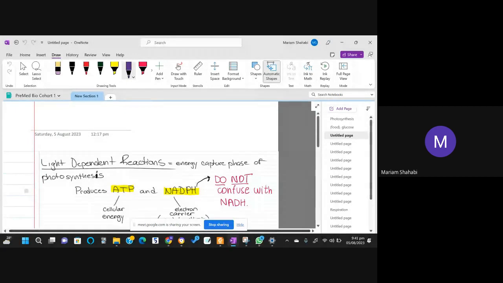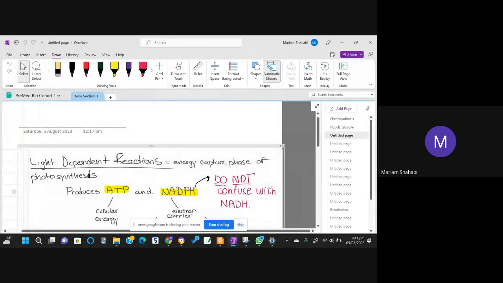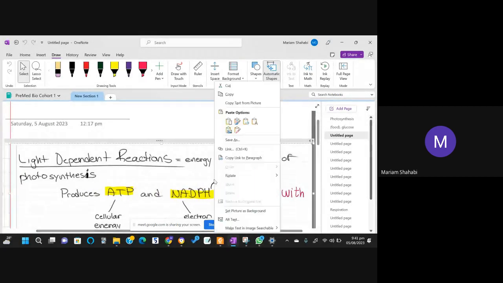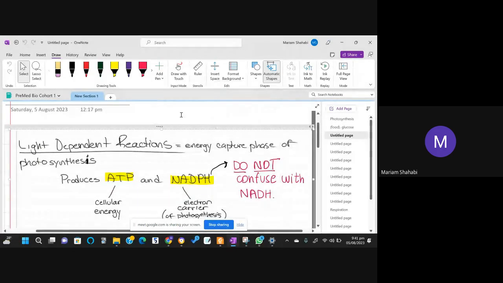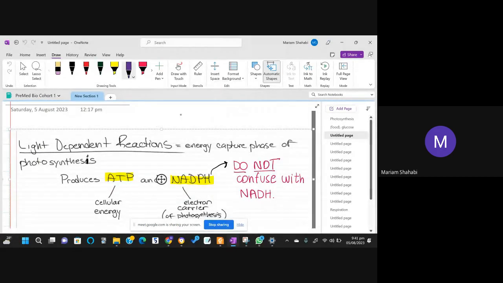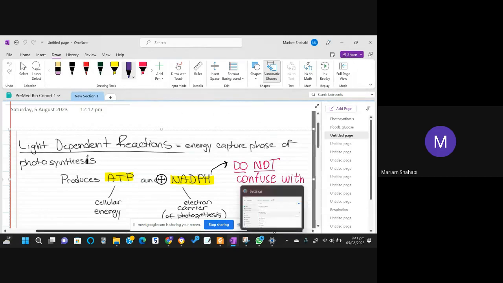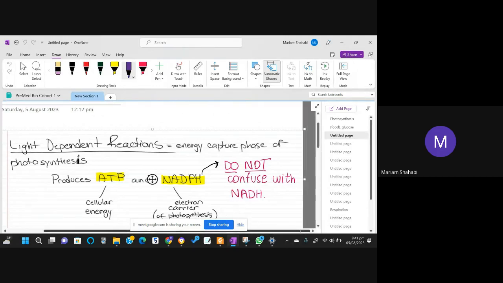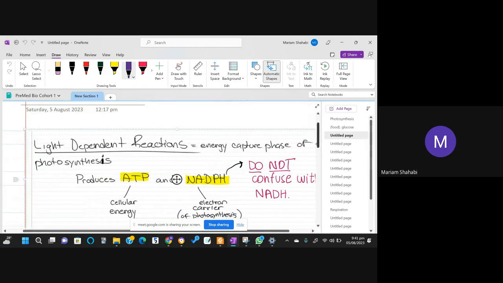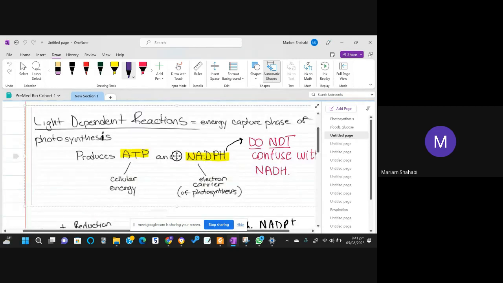So let's start with the light reactions officially. Again, this is the energy capture phase of photosynthesis. The same point: you're taking the sun's energy and converting it into a form that the cell can use. The main function is to produce ATP and NADPH, the electron carrier of photosynthesis.